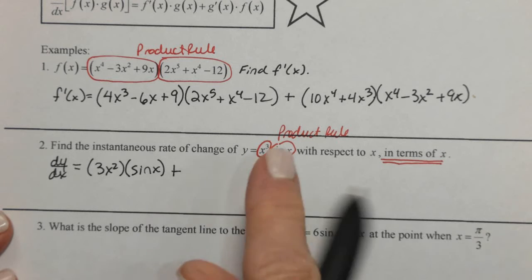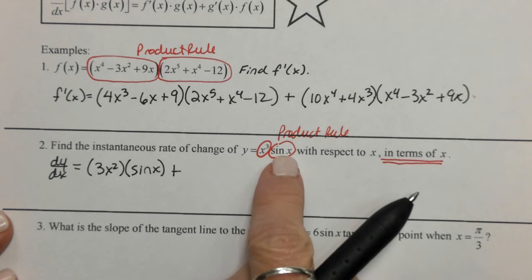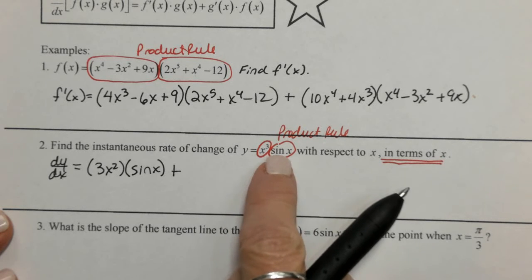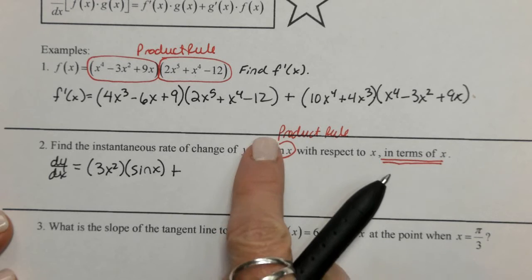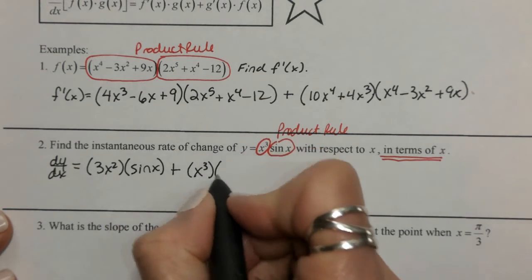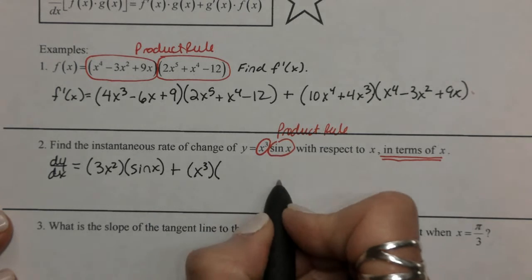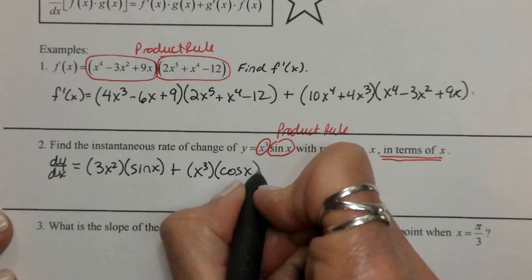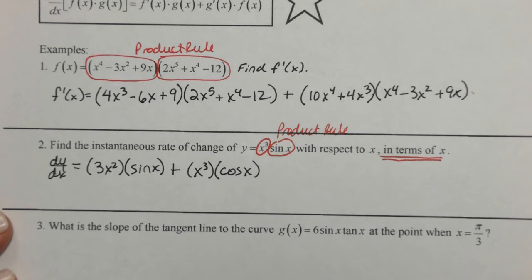Okay, now I know I'm going to be taking the derivative of sine x and multiplied by the x cubed left alone. This is one of those cases when I have a trig function back here, I like to begin with leaving this x cubed left alone. And now I'm multiplying by the derivative of sine x. The derivative of sine x is cosine x. And that would be our answer.